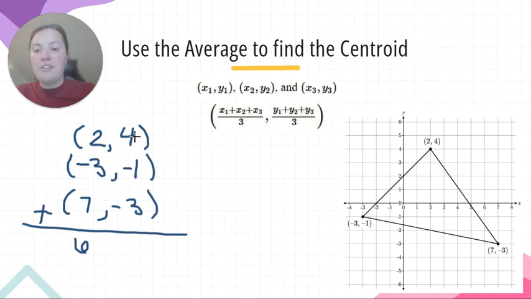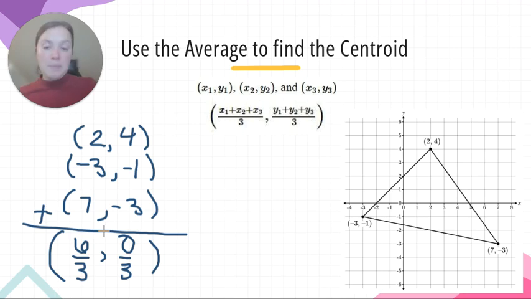And then we have 4 minus 1 is 3, and 3 minus 3 is 0. Okay, so if we take this and then we divide our sum by 3, we get the location. Now, sometimes in examples, you're going to be able to simplify this so it's not a fraction, and sometimes we can't. This is an example in which we can simplify it.